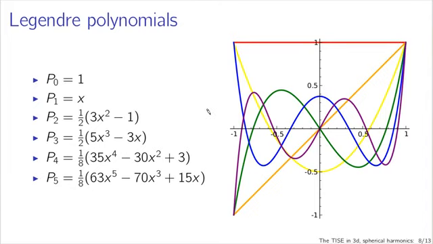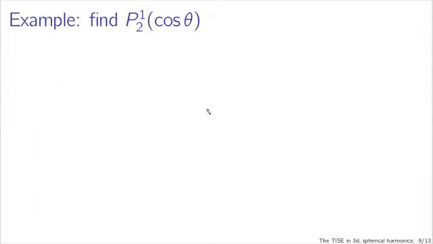So the Legendre polynomials are the sort of polynomials that you'll encounter when you do separation of variables with the Laplacian in spherical coordinates. For instance, suppose what I wanted to do is find the theta part of my time-independent Schrodinger equation solution with L equal to 2 and M equal to 1. So here I'm talking L is 2 and M is 1.